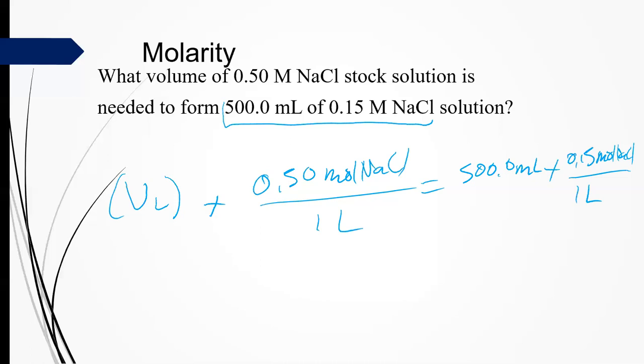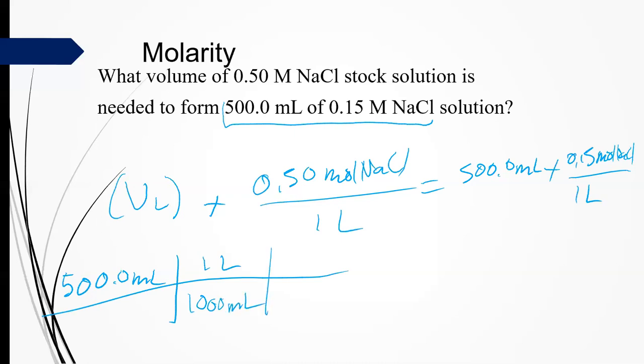And so we know that their moles are going to be equal to each other. So what we can do is start with our 500.0 milliliters. We can change that into liters. Remember, 1,000 milliliters is 1 liter. And then I'm going to change that into moles, so I'm going to multiply it by 0.15 moles of NaCl per 1 liter.